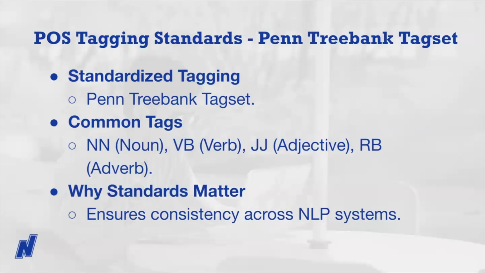For instance, if your system tags the word jump as a verb using the VB tag, it will be understood by other systems using the same tagset. This standardization becomes particularly crucial when working with large corpora like the Penn Treebank corpus, which has been tagged according to this set of standards and has become the benchmark in NLP research.